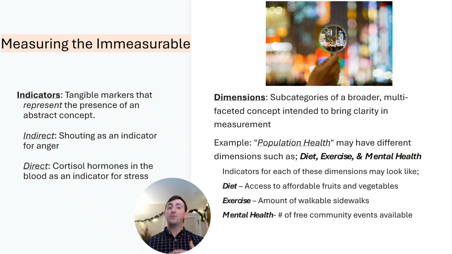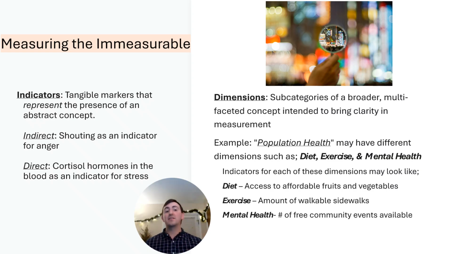Indirect and direct observables are both something called indicators. Indicators are those tangible markers that represent the presence of that abstract concept, right? So shouting would be an indirect indicator of anger, right?